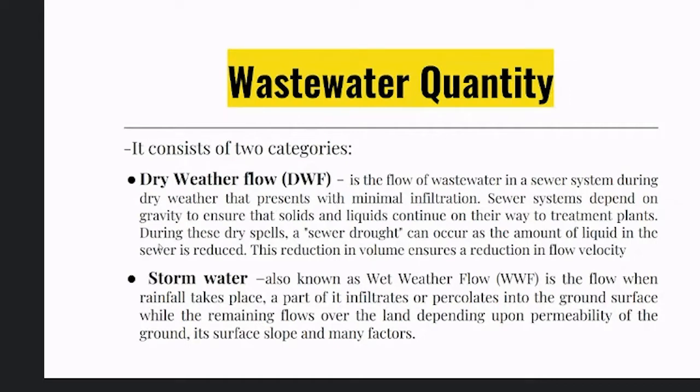So for dry weather flow, kadalasan nangyayari ito during summer season, tuwing magkakaroon tayo ng El Nino season, which is sa panahon noon, sobrang init, kaya yung tubig natin sa underneath is mahina lang.